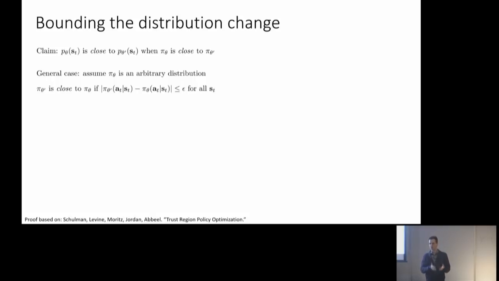So if you take the same random seed twice and run the same stochastic policies, you get exactly the same actions. So the intuition behind making a mistake here is: if you were to use the same random seed twice and run pi theta versus pi theta prime, what's the probability that they'll agree for the same random seed? And it turns out that that probability is also bounded by epsilon.